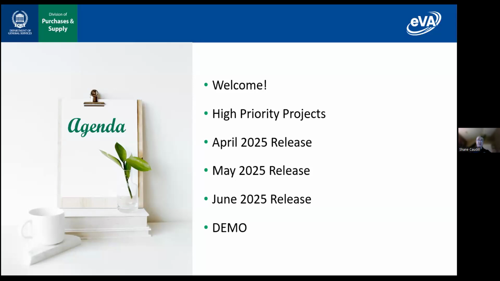And then towards the end of the user group meeting, a very light demo today. As we get further along into May and June, we'll have some additional things to demonstrate for you guys. We'll be excited to show you those things. But we do have a very small demonstration that will occur at the end of the meeting today.